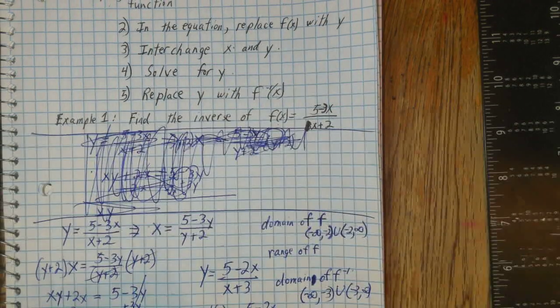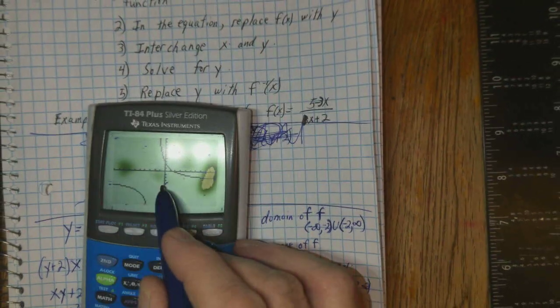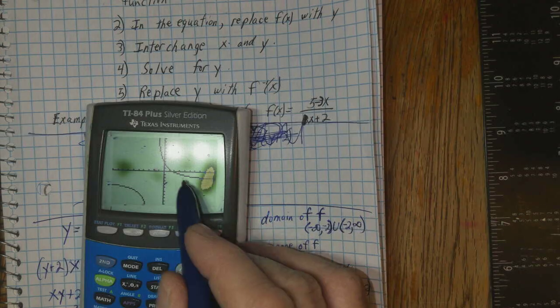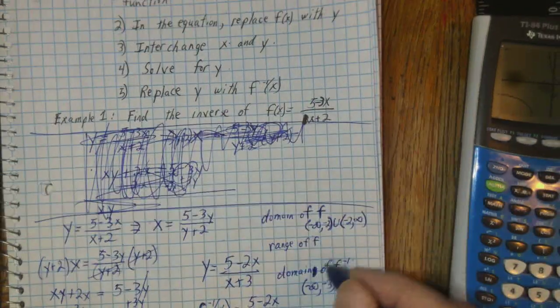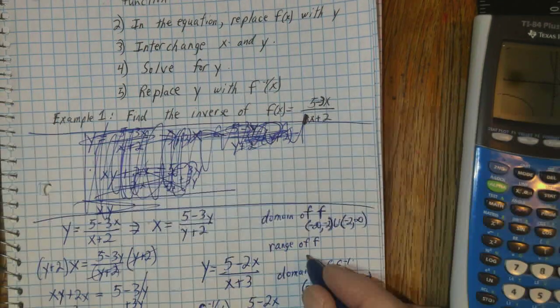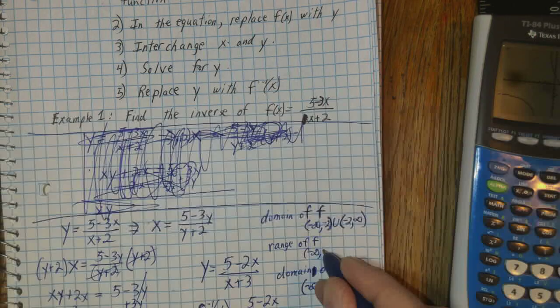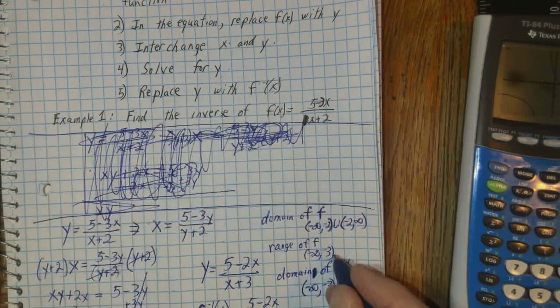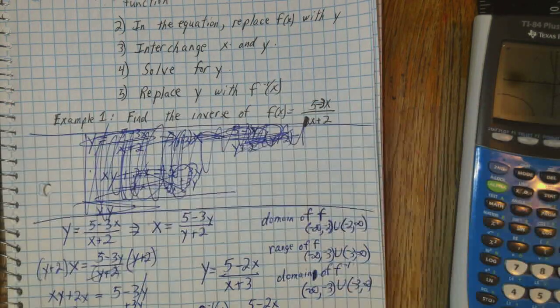That is what the range of f is. And if you remember the graph I told you, we have this horizontal line at negative 3 that the graph will not touch either way. So the range of f is the domain of its inverse: negative infinity to negative 3, and then negative 3 to infinity.